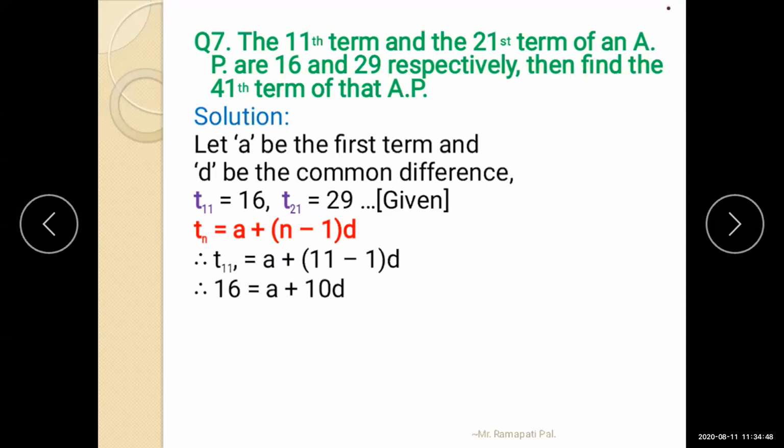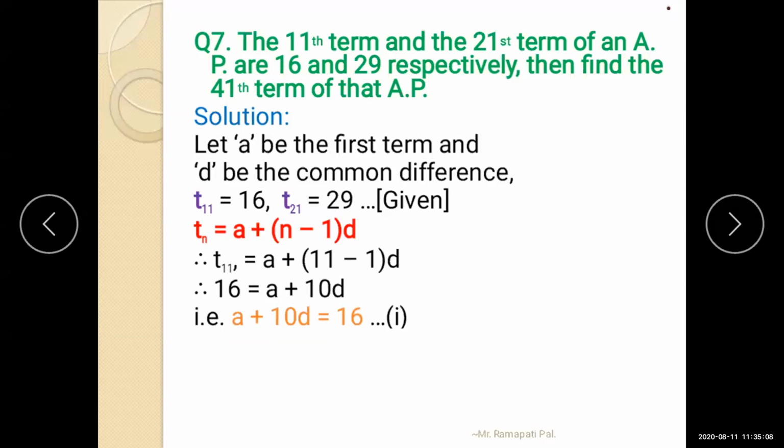The value of T11 is given, so we write 16 is equal to A plus 10D. We name it equation number 1. So A plus 10D is equal to 16.